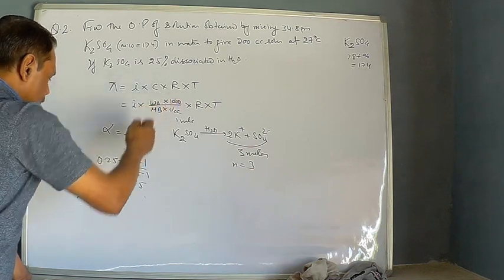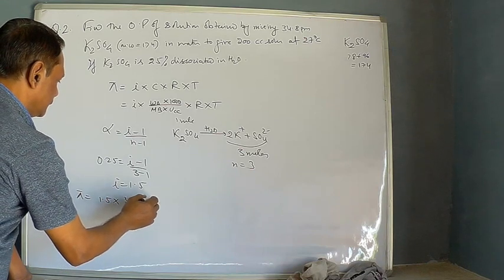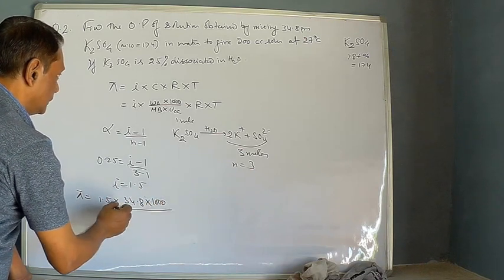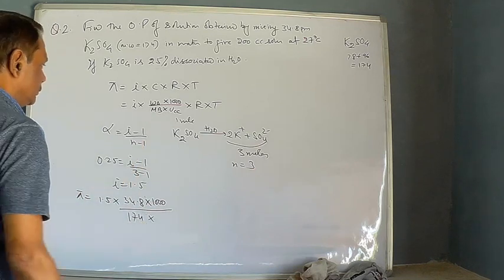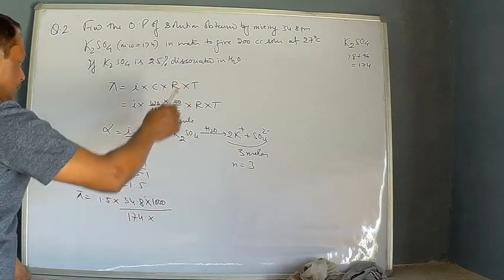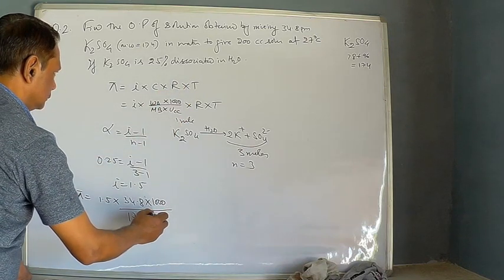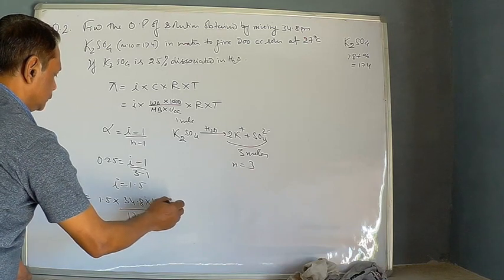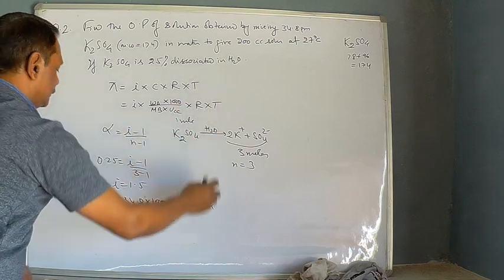Concentration, that is in molarity, weight of solute 34.8 into 1000. Molar mass has been given to us, 174, into volume in cc, 200 cc, into R, into T, 300.